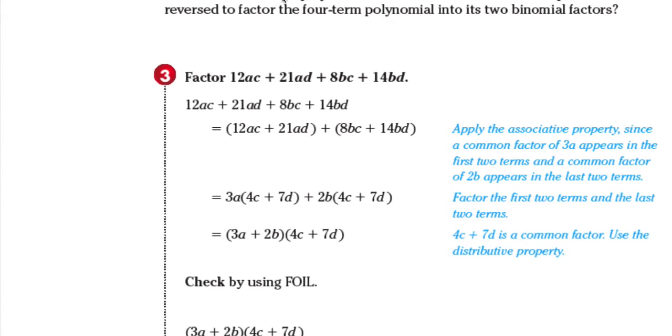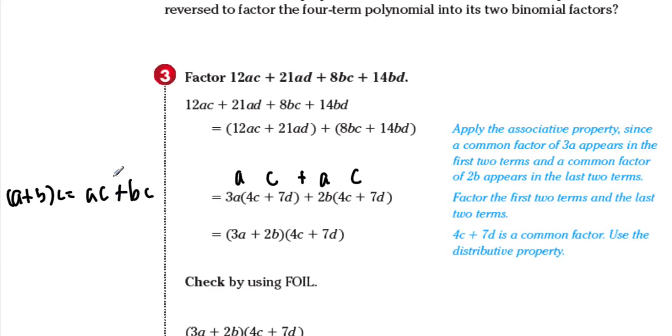If this is a little bit unclear to you, let me just recall the distributive property. Remember, the distributive property is a plus b, times c, is the same as ac plus bc. So take a look at this one. This is your a, and this is your c. You're adding them.